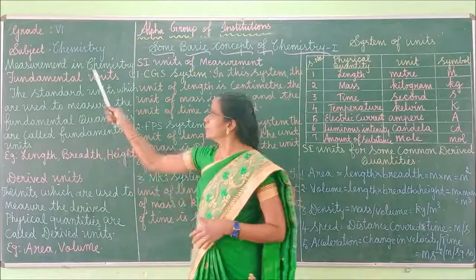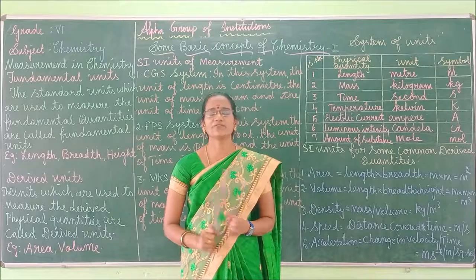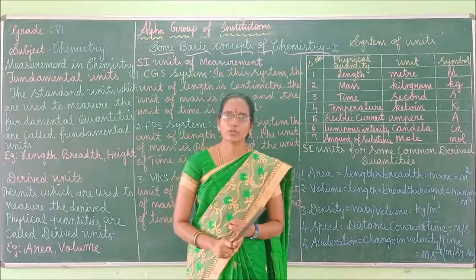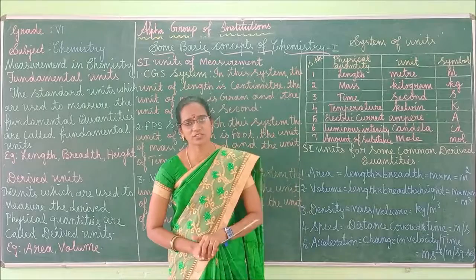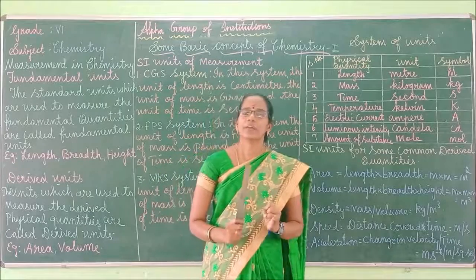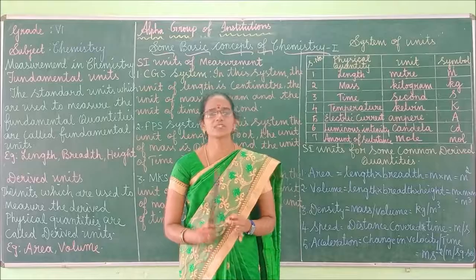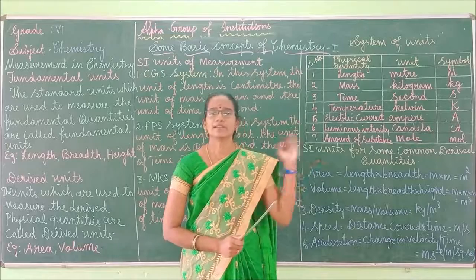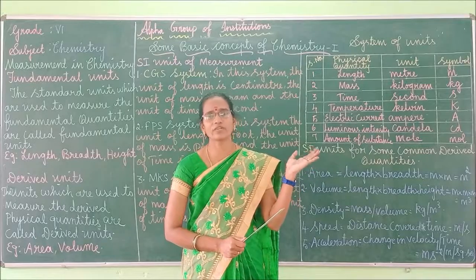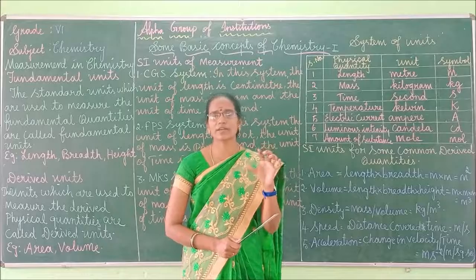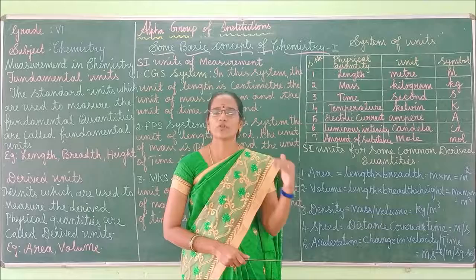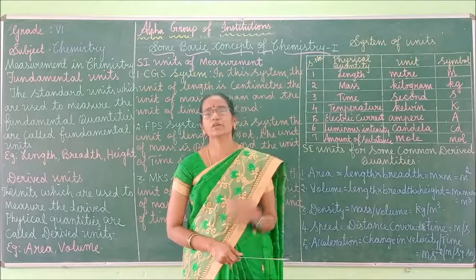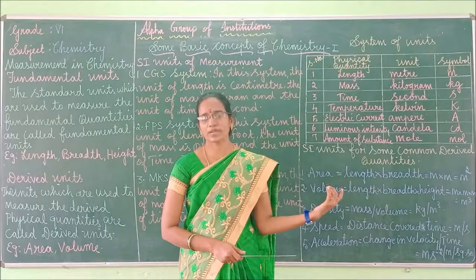Next we discussed measurement in chemistry, in that fundamental units, derived units, followed by the SI system of units or international system of units, in that FPS system, CGS system, MKS system, and then the system international of units, that is the physical quantities, their units as well as symbols, followed by some common derived units.